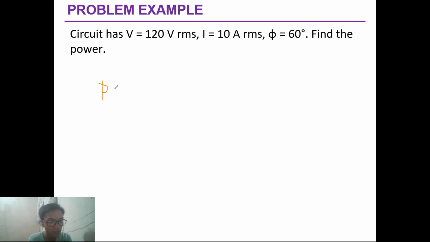So we have power is equal to 120 volts, let's go directly with the calculation, multiplied by 10 amperes RMS, then again multiplied by cosine 60 degrees, which is the phase angle.